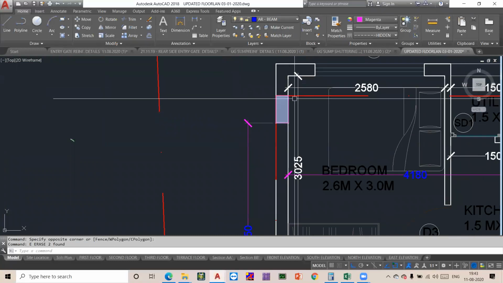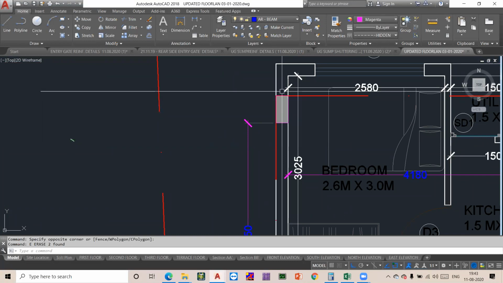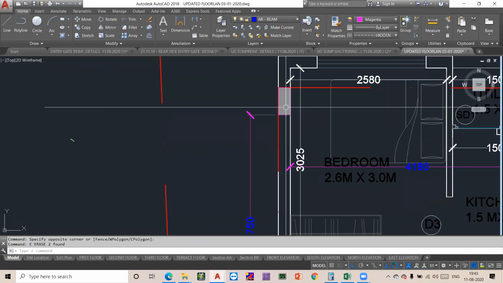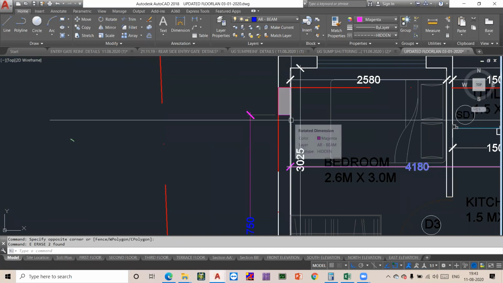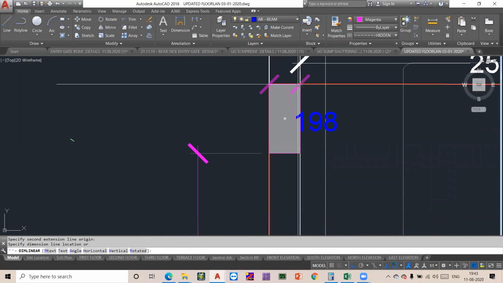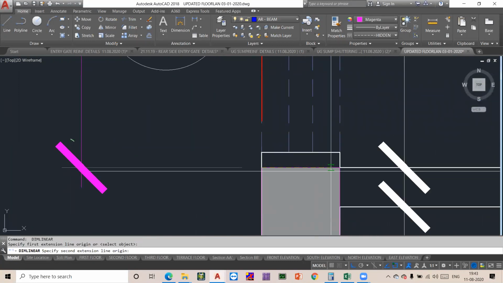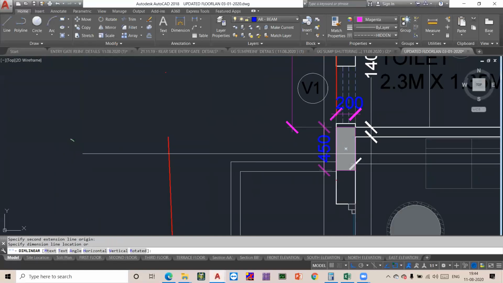We cannot increase its width because that is fixed. That will be your wall thickness. You will have only one option, to increase its depth or length. Usually we have two parameters in columns, one being its width, another being its depth.